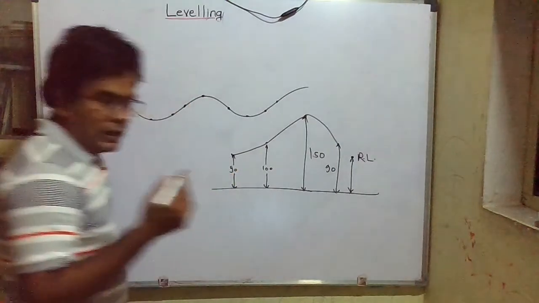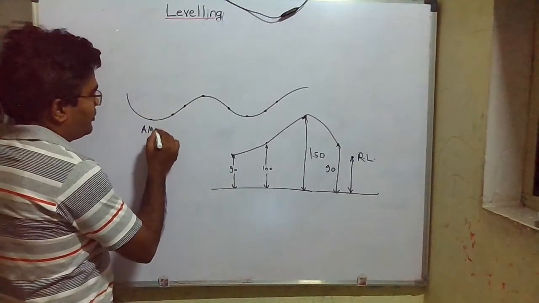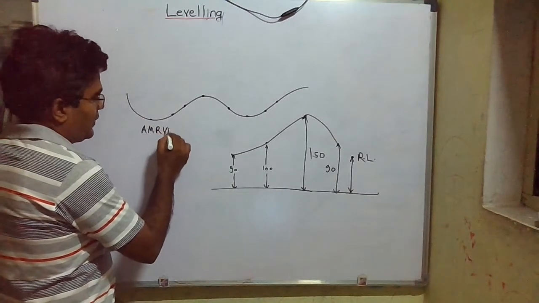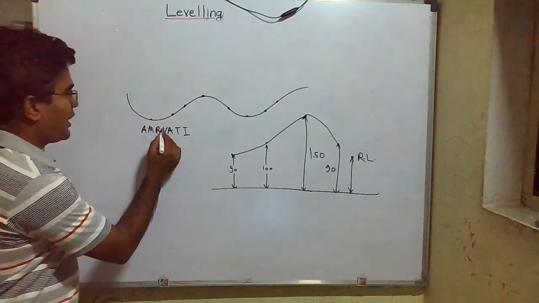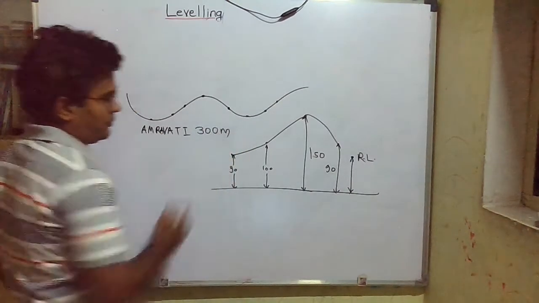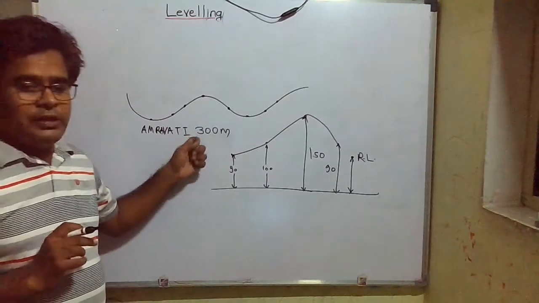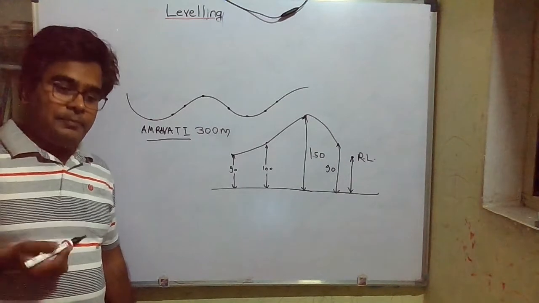If I tell you that the RL of some point in Amravati, that is a point of our college in Amravati, is 300 meter, then that point is at a distance of 300 meter from the datum.